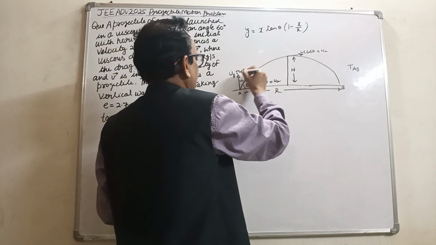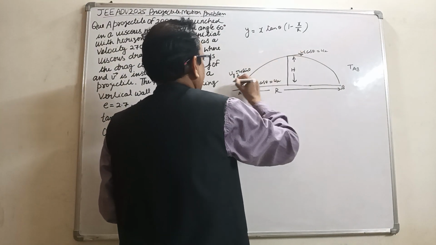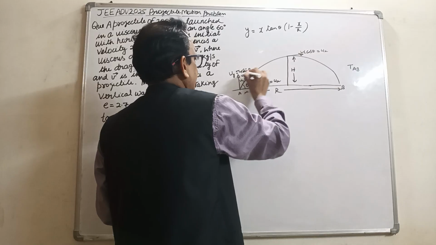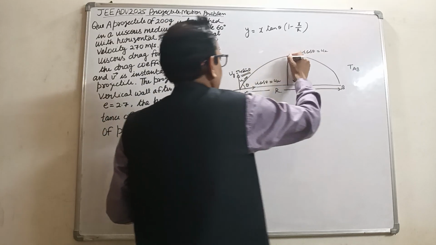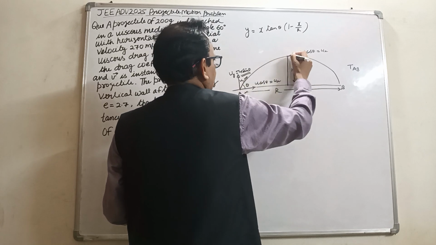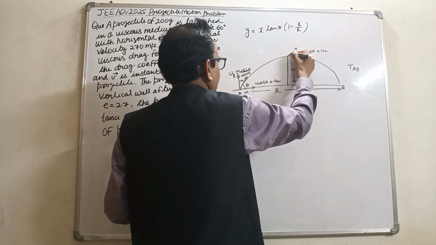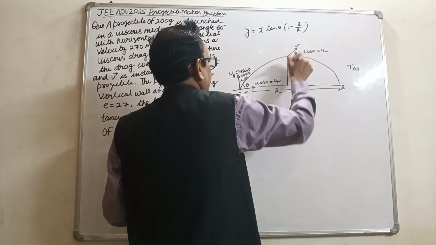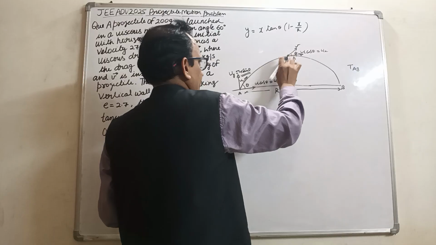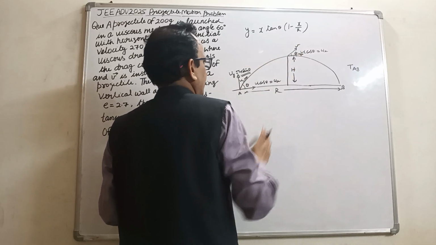The component u sin theta changes. Suppose the projectile makes an angle phi and the velocity becomes v. So we calculate v sin theta, which would be different in the y direction.